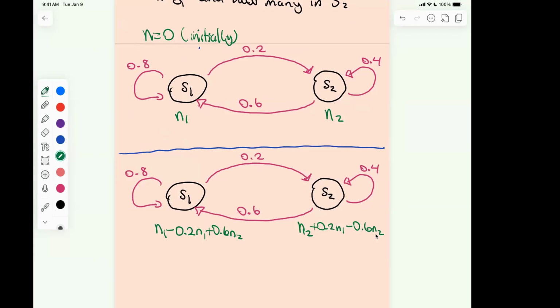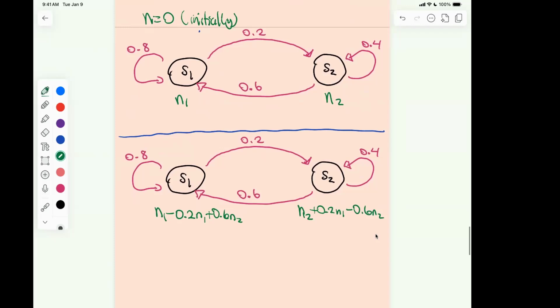Now, it is convenient to introduce some name for this quantity. So I'll call it N1(1) because it's after the first year. And N2(1). I'm putting the 1 in parentheses to emphasize it's not an exponent.